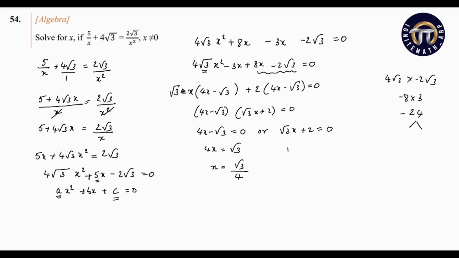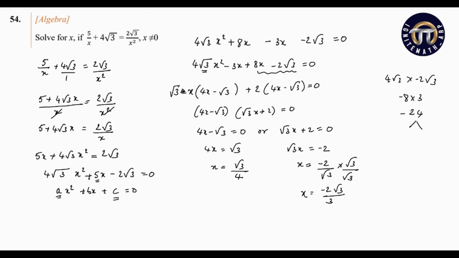Over here, √3x = −2, then x = −2/√3. I have to rationalize the denominator. Don't keep the final answer with irrational denominators. So I get the final answer as −2√3/3, the other value of x. I hope it is clear to you.